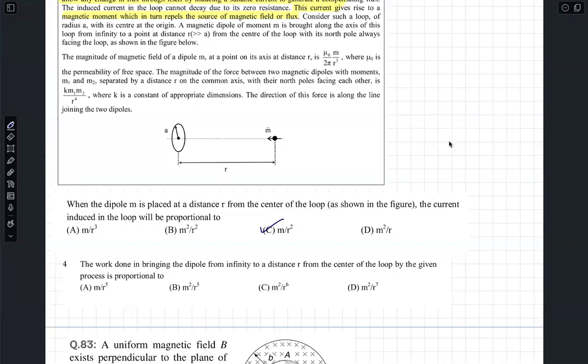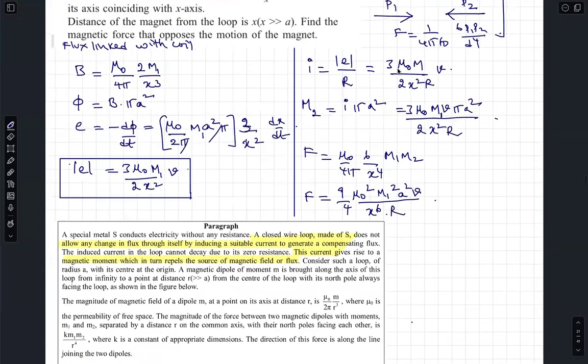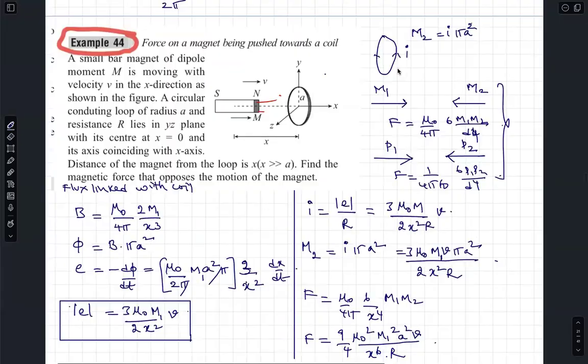If it is force, you have this expression. If it is potential energy, you will have P1 P2 by d to the power of 3, or M1 M2 by d cube.